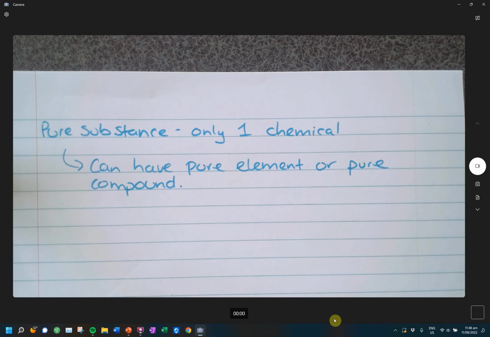When we talk about mixtures, we are talking about 2 or more substances, and these things are not chemically bound together.